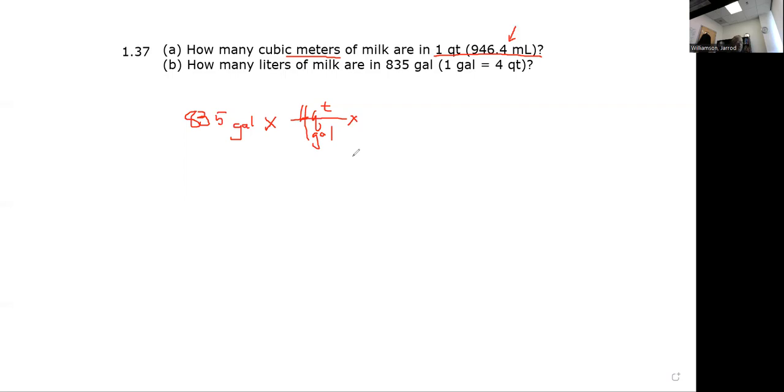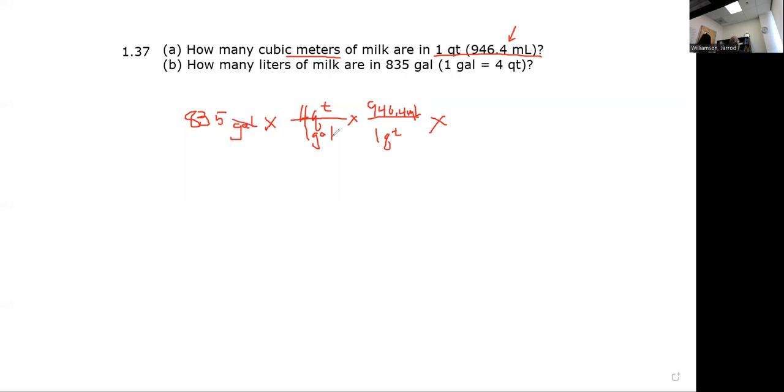And then up here, we know that 1 quart is 946 milliliters. This is not exact. That's measured. So exactly 1 quart is approximately, to 4 sig figs, 946.4 milliliters.